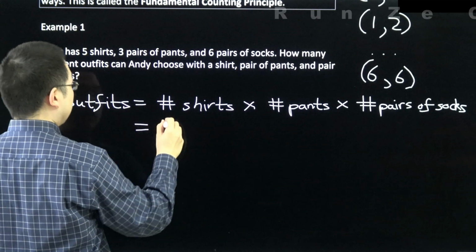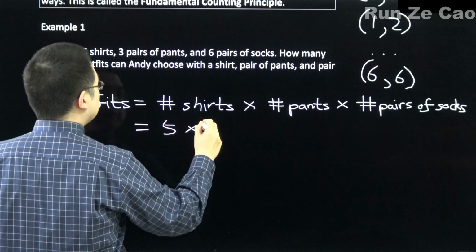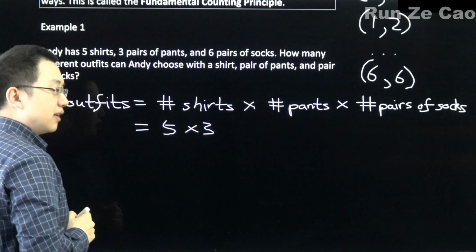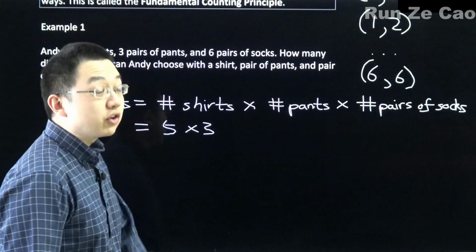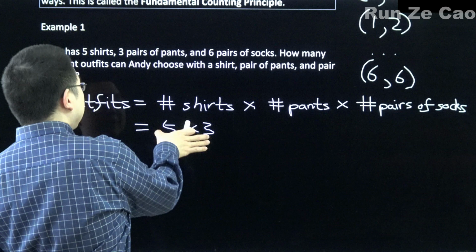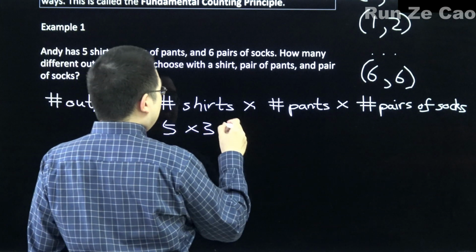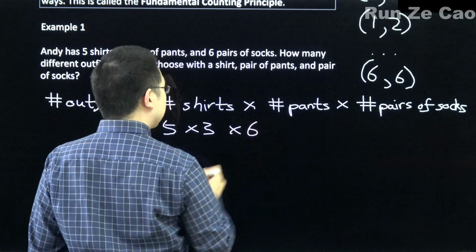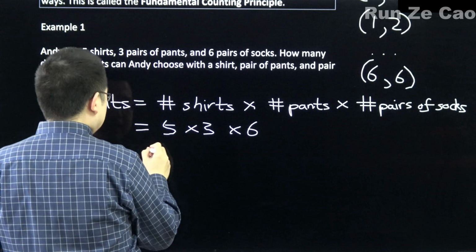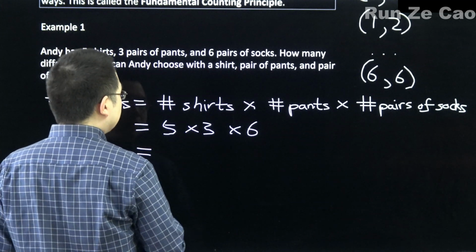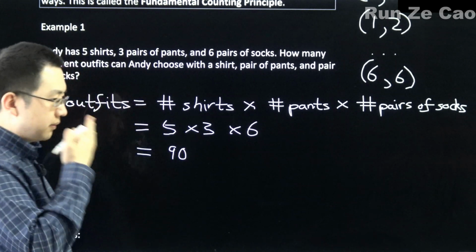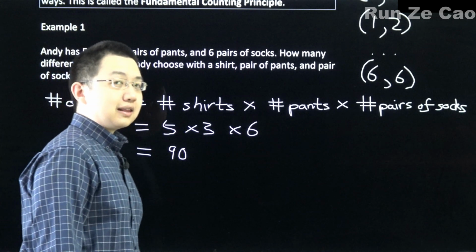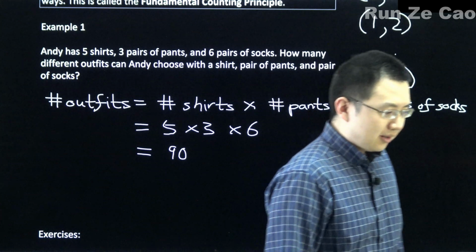So he has 5 choices for his shirt times 3 choices for his pants because they are not dependent on each other. For every shirt, he has 3 choices for pants. And every combination of shirt and pants, he has 6 choices for his pairs of socks. And this would come out to 90. So he can make 90 outfits.